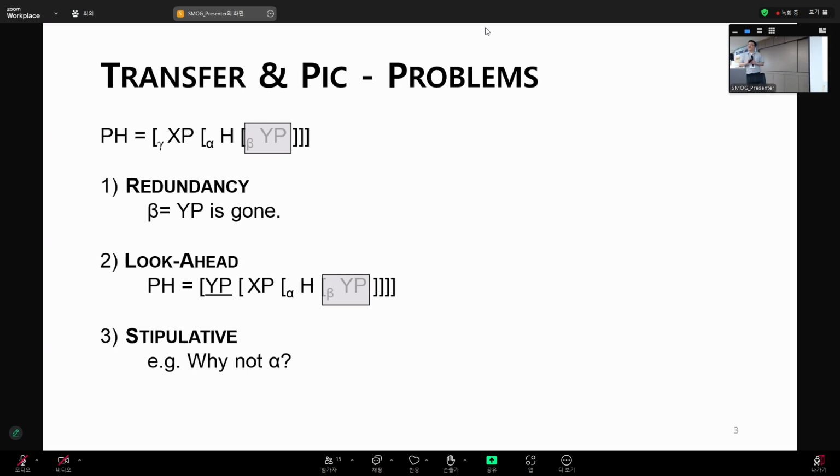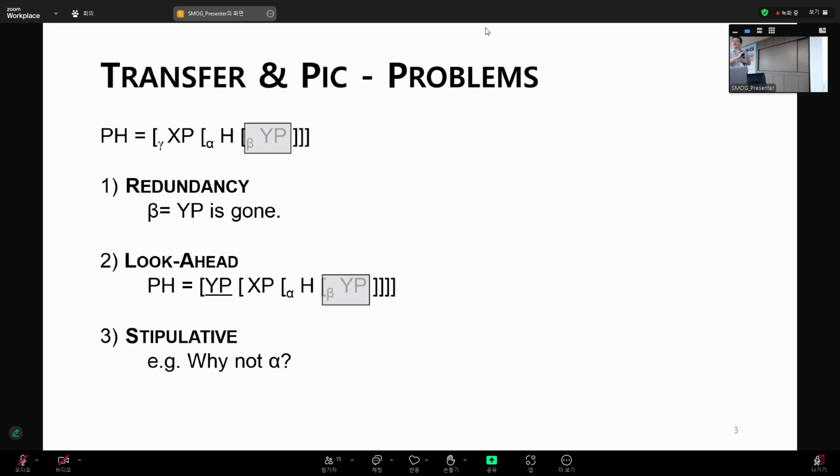So this state of affairs naturally leads us to the first problem that I'd like to point out, which is redundancy. For the sake of argument, suppose that transfer applies before PIC, which means that transfer applies to here and sends this off to each interface.